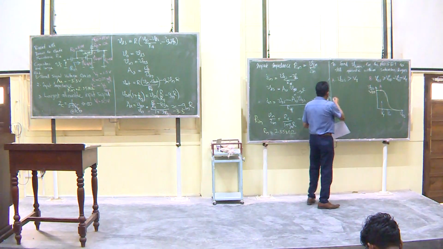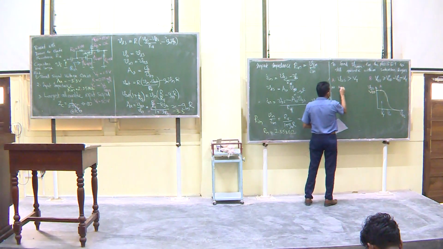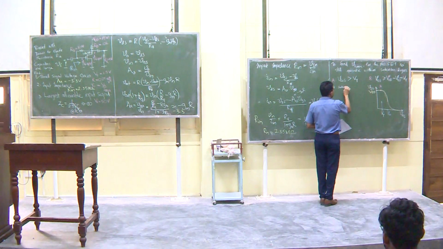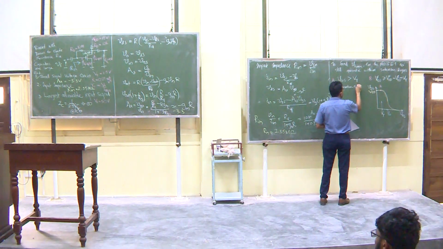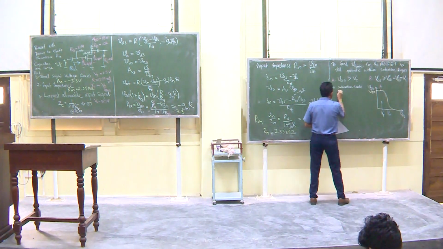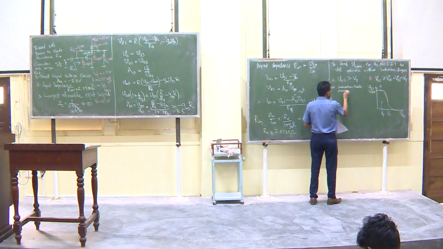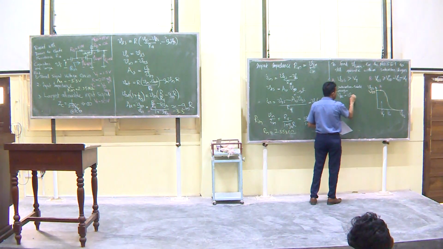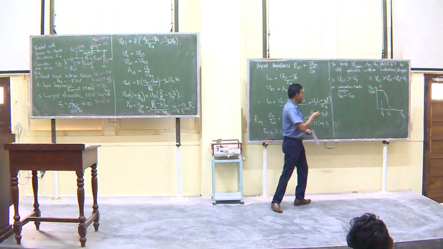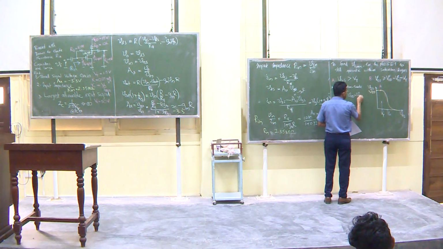At the saturation triode margin, VDS equals V overdrive, which is basically nothing but VGS minus VT.